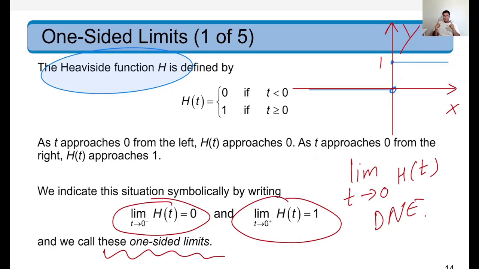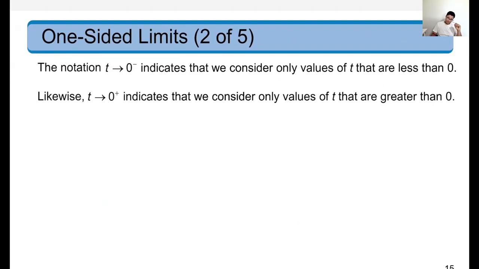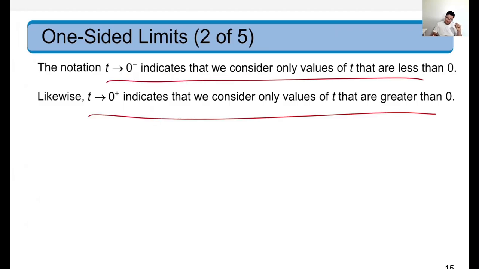The two one-sided limits exist, but the limit does not exist because they didn't agree on the same value from two sides. So you would say the limit as such does not exist. Value is less than 0, value is greater than 0.